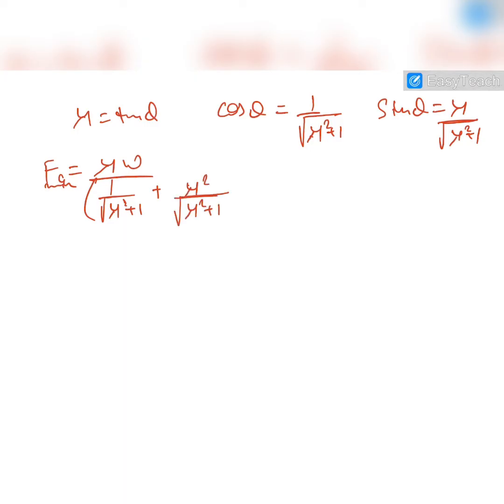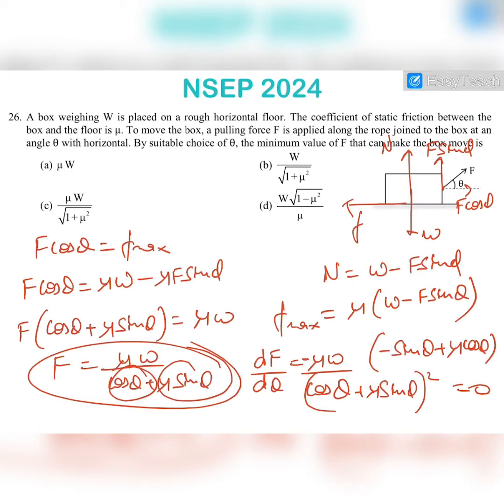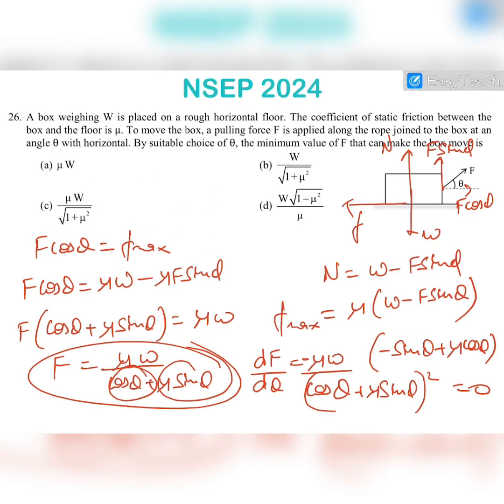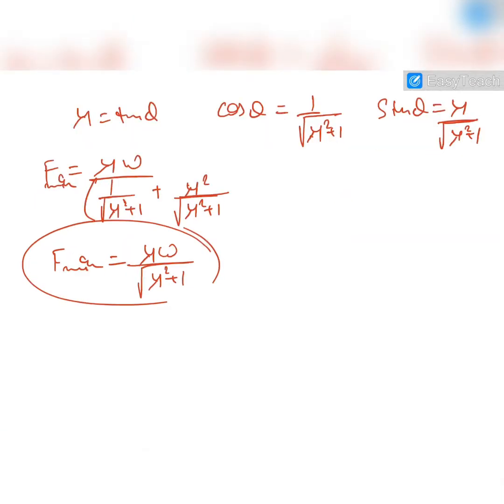This mu square is due to the fact that there is already a mu here. Yeah, so you can see that F minimum will be equal to mu W by under root of mu square plus 1. So the correct answer will be C. Okay, and this is the complete derivation of this. Now let us move on to the next question.